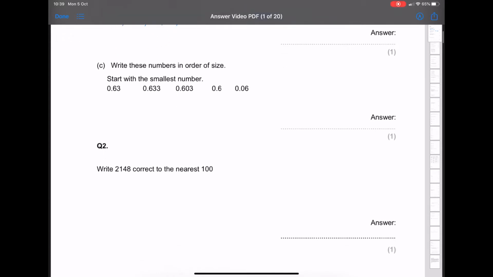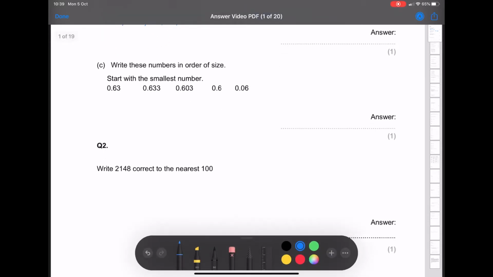C asks you to write these numbers in order of size as well, but these are decimals. Now, again, be very careful. You could probably write these as percentages or as money. So remember, this would be 60%. This would be 6%. This would be 60.3%. And this would be 63.3%.